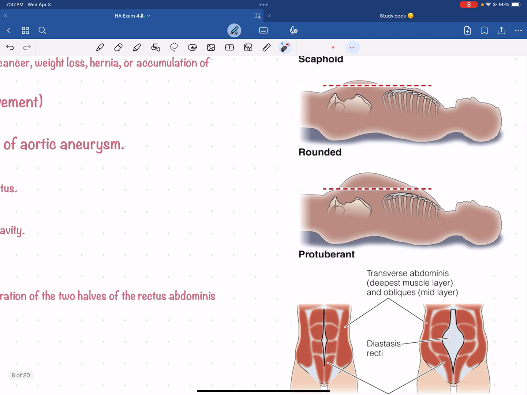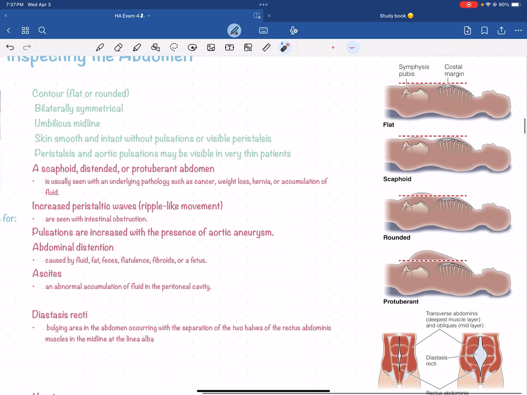Then we have protuberant. When you draw that line all the way from, let's say, the sternum to the pubic area, you have a distension of that stomach, and it's out pretty far. To recap, we want a contour of flat or rounded, and we do not want scaphoid or protuberant.